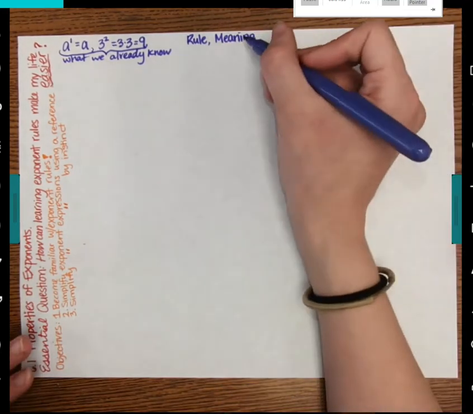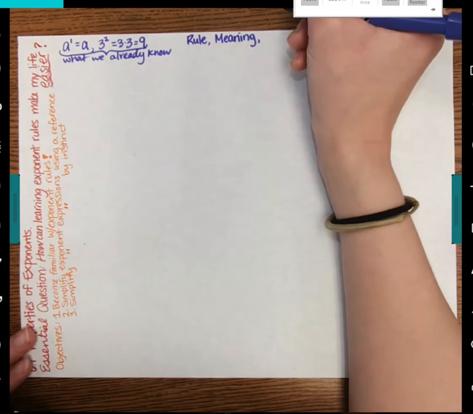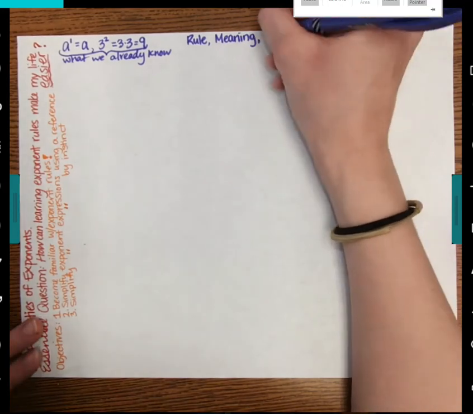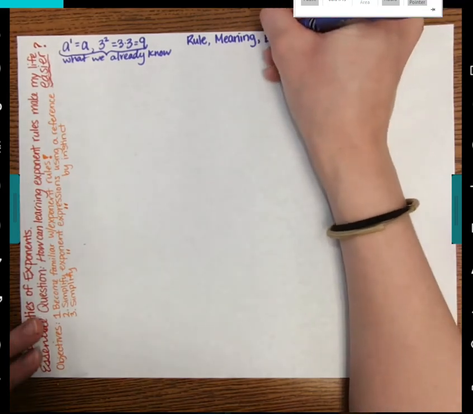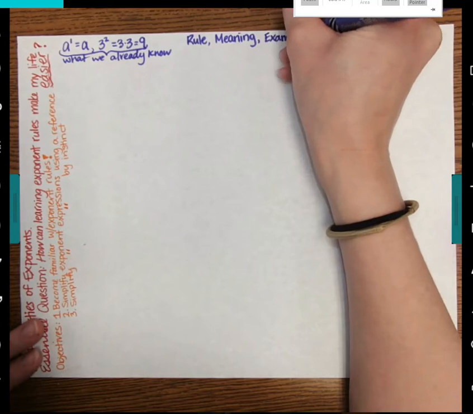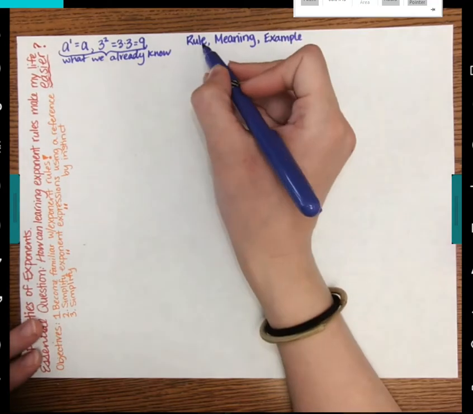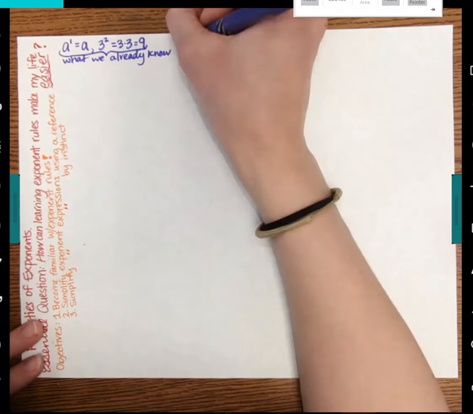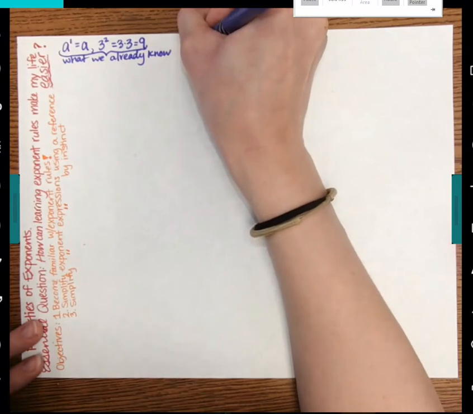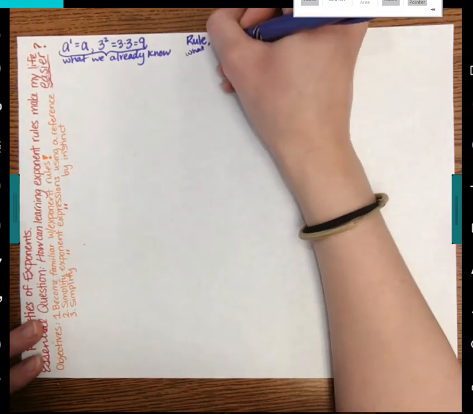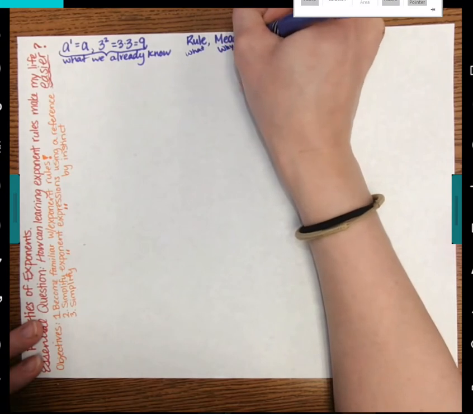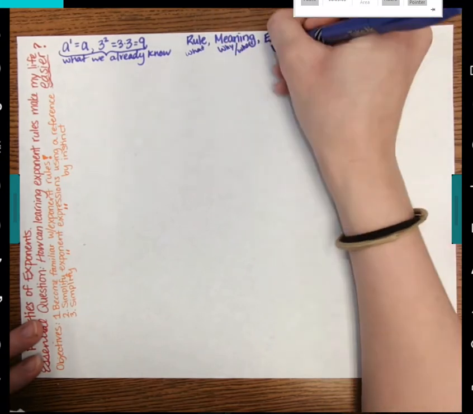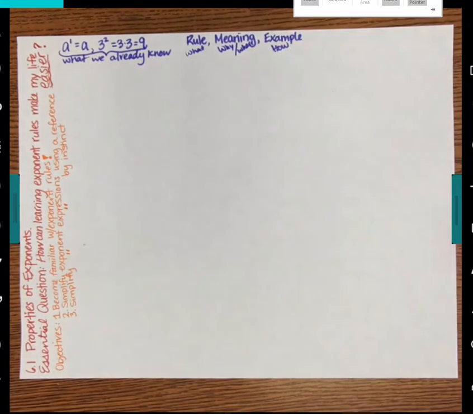So it's where do the rules come from, and then we're also going to look at how and when we use them, which would be under examples. So, what do they look like? Where do they come from? How do we use them?